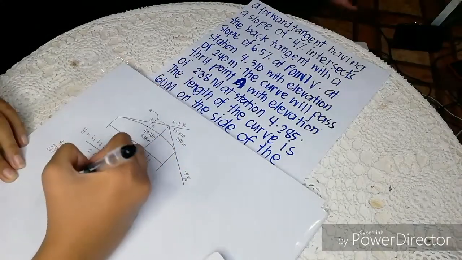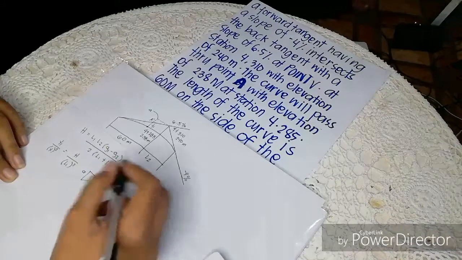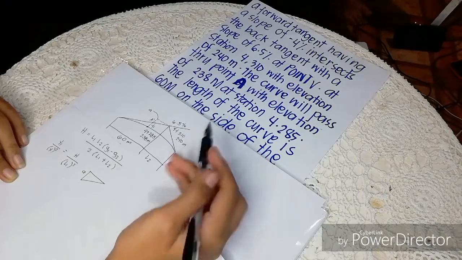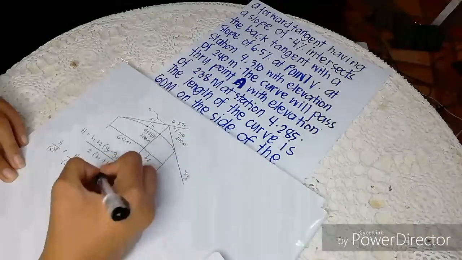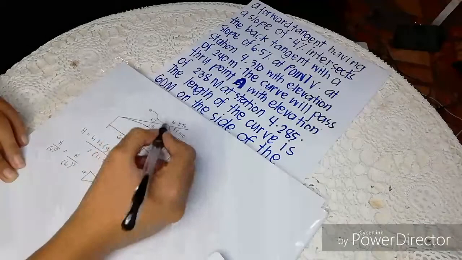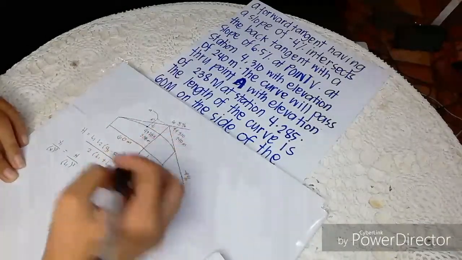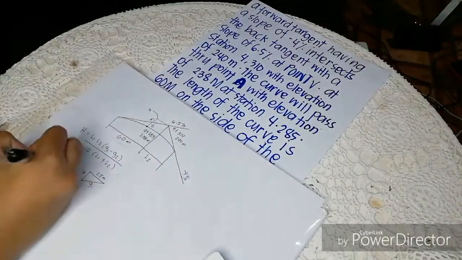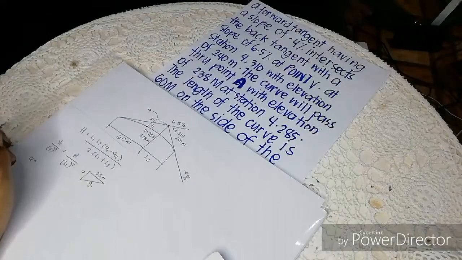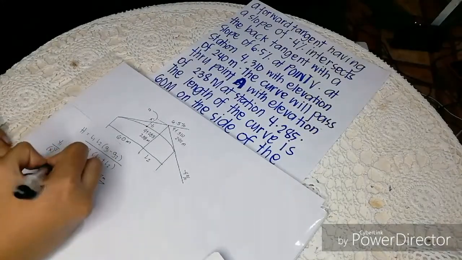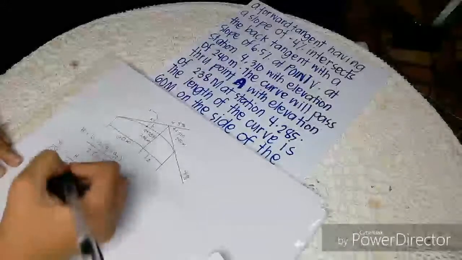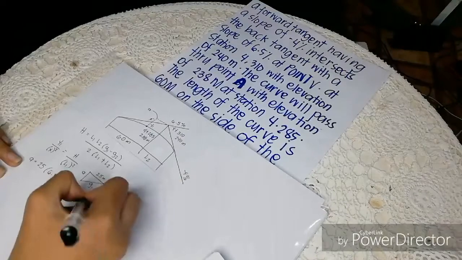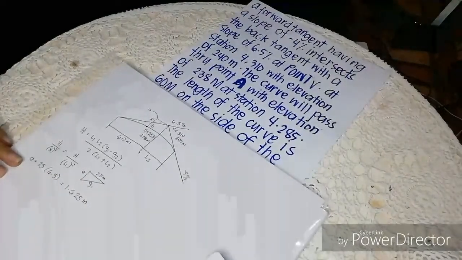A times yung sa taas, 310 minus 285 is 25 meters. And yung dito sa hypotenuse is G1. So, pwede na makakonclude natin yung A is equals to 25 times 6.5 is equals to 1.625 meters.